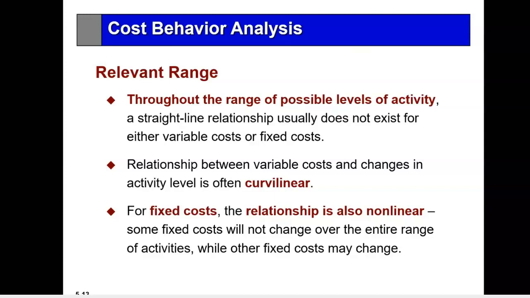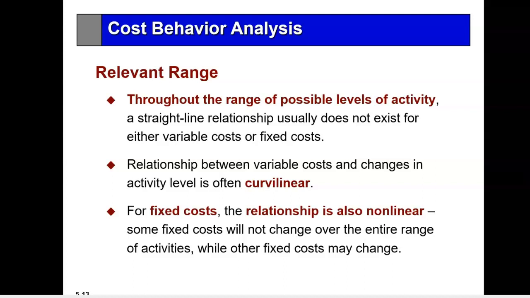So between 0 and 1,000, I can say that rent is a fixed cost within that range of level of activity. But once I go outside that range, the fixed cost increases in steps. It does not increase proportionally.